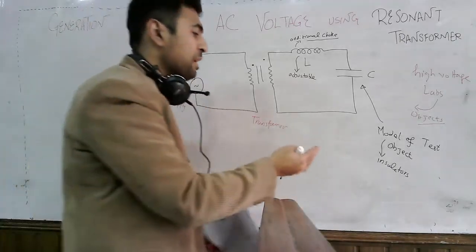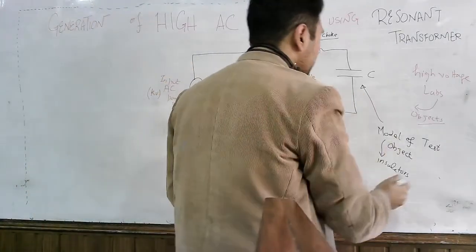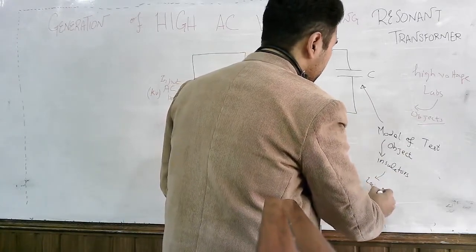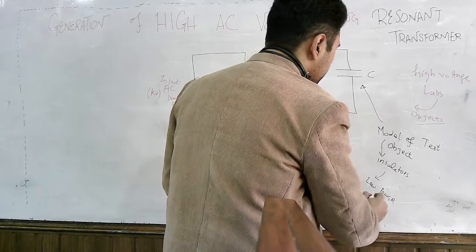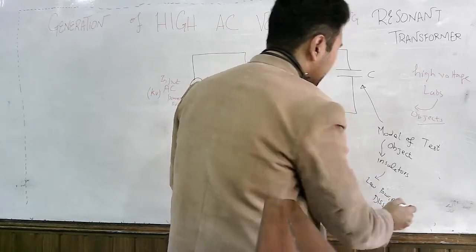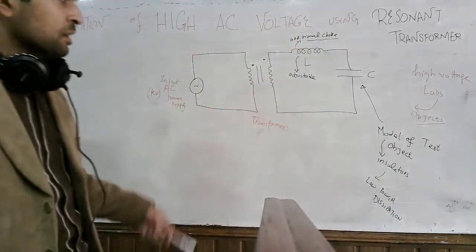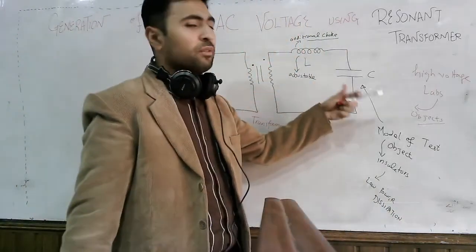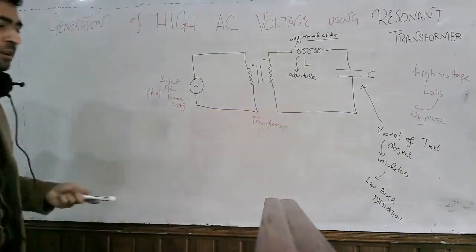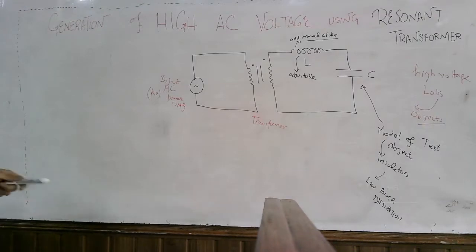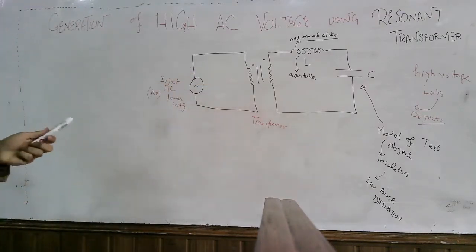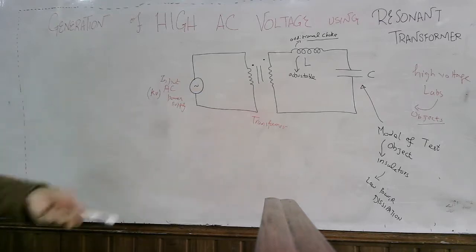They have capacitance properties, and insulators are typically low power dissipation components. So this capacitance is the equivalent electric model of the test object which we are going to test. This is the practical model of high voltage generation using a resonant transformer.